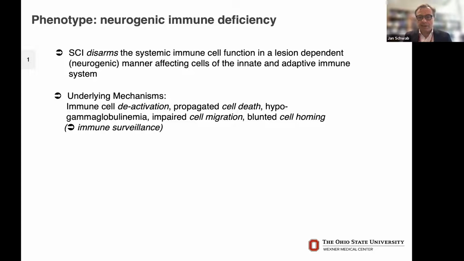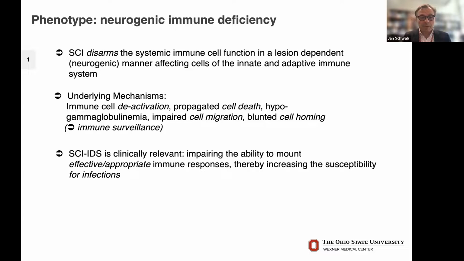As underlying mechanisms, we and others have identified immune cell deactivation, propagated cell death, hypogammaglobulinemia, impaired cell migration, but also impaired cell homing as a basis for cell surveillance. So this immune deficiency is clinically relevant and impairs the ability to mount an effective, appropriate immune response, thereby increasing the susceptibility to infection.